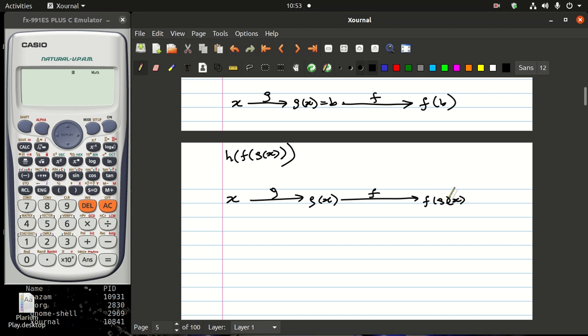After getting that output, I plug it inside h and I get h of f of g of x. This is just a series of taking a value and plugging it inside another function.